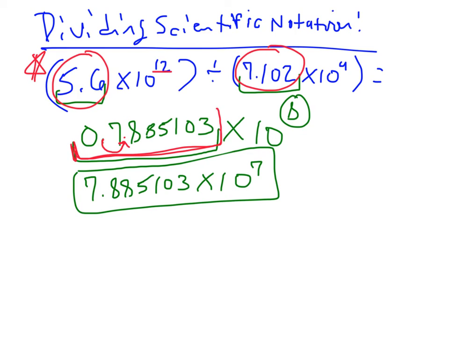Obviously, we know that something that's times 10 to the 12th is larger than something that's times 10 to the 4th. But the m piece of both of these numbers is what I'm referring to. So 5.6 is smaller than 7.102. So you should have recognized that our answer was going to be smaller than 1, which means whatever exponent we got, we were going to have to subtract away from it. And then the opposite is true for the above example.